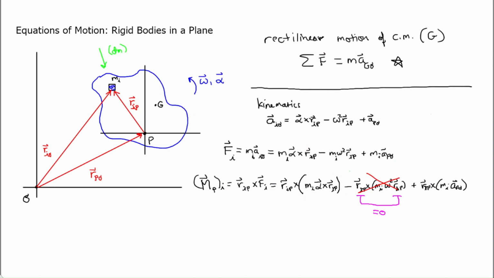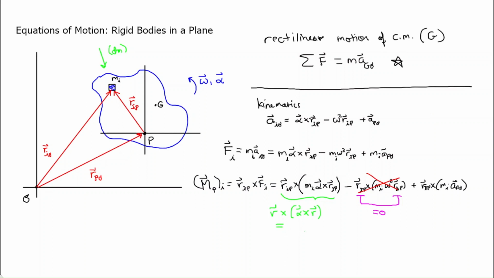Next, what I've got here, with the exception of m, is r cross alpha cross r. I'm leaving the subscripting off for just a moment. Now this triple cross product can be resolved using the BAC-CAB rule.